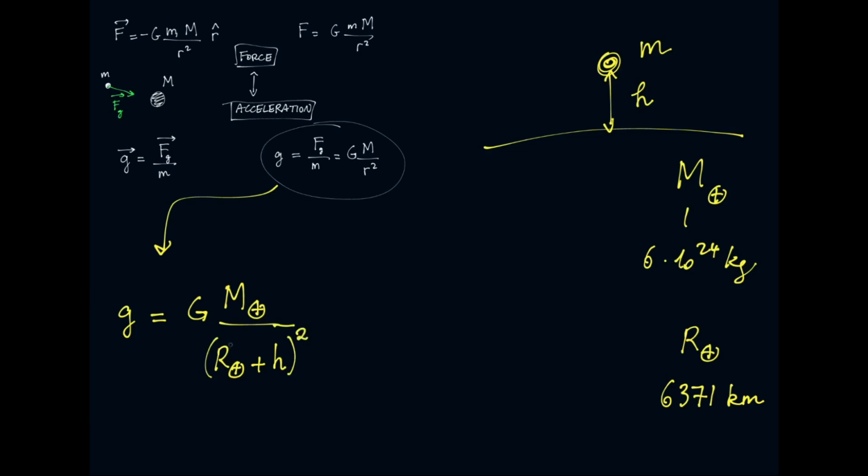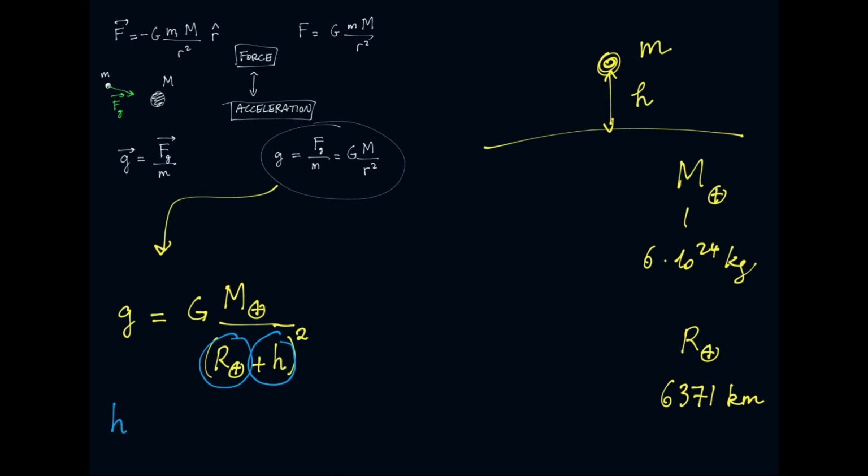And now look at this. Given that these two quantities, namely the radius of the Earth and altitude, are very different, you can probably tell already which greatly dominates over the other.